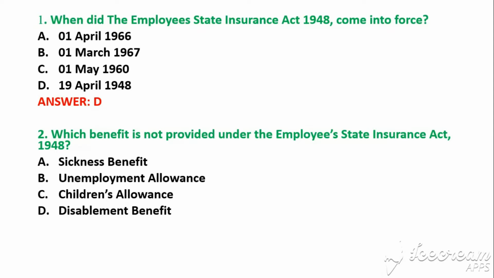So here there are three benefits: sickness benefit, unemployment allowance, and disablement benefit. All of them come under the Employees State Insurance Act, whereas children's allowance does not come under this particular Act. So answer C is right. Children's allowance benefit is not provided under the Employees State Insurance Act 1948.